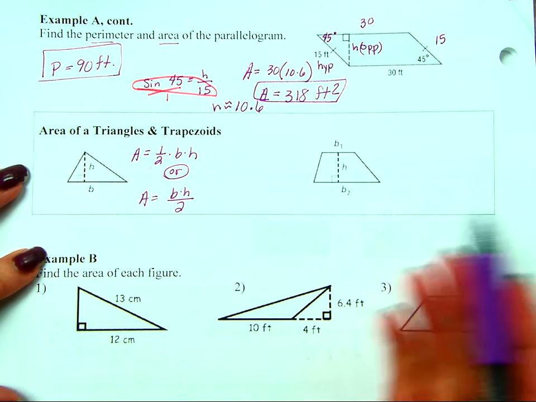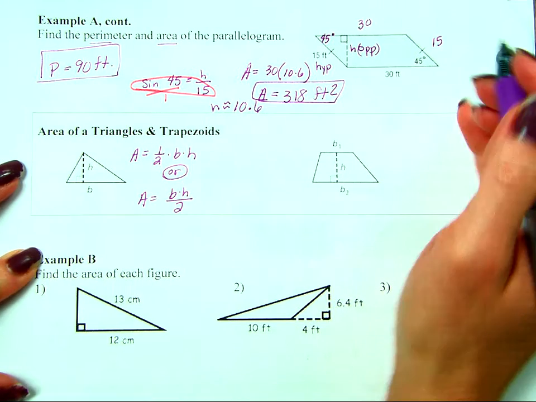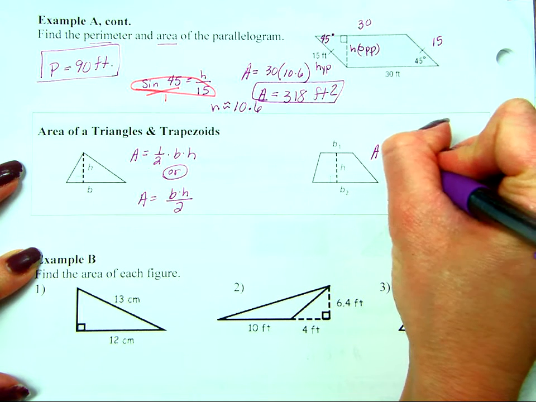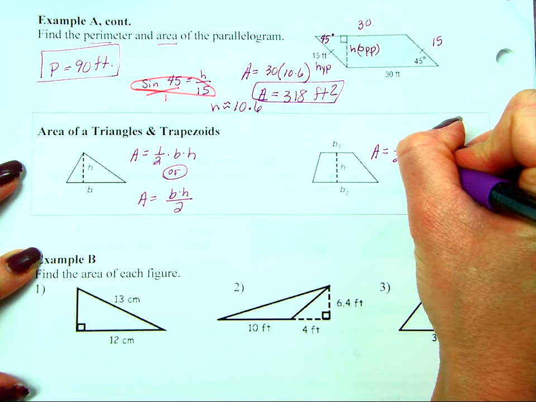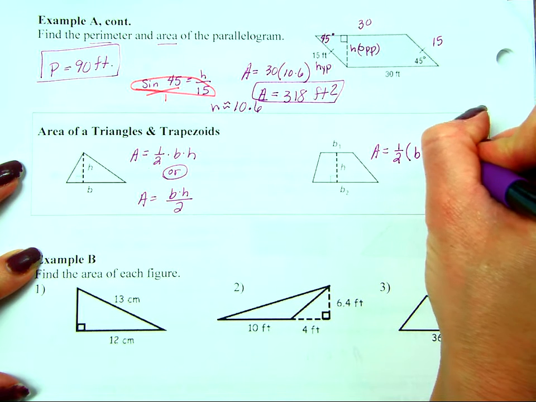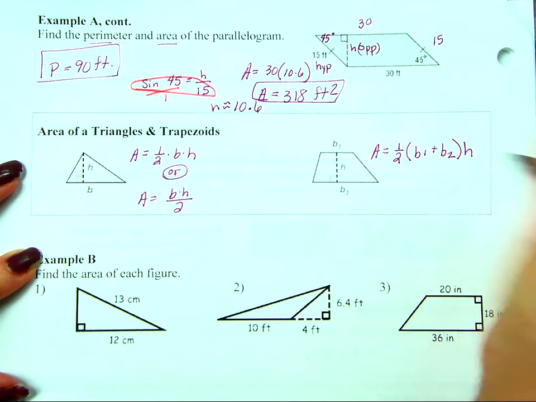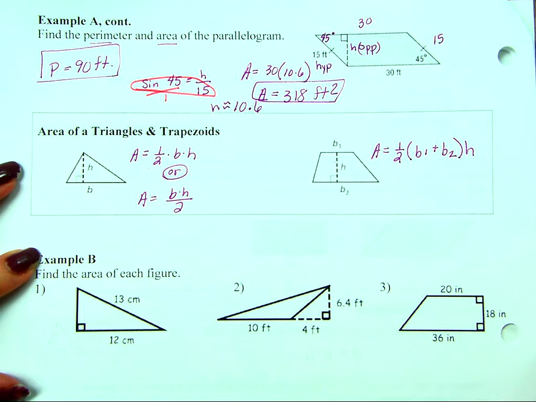What about our trapezoid? The trapezoid may not be one that you remember off the top of your head, but it looks like this: 1/2 times the quantity B1 plus B2 times height. What do B1 and B2 stand for? Well, that stands for the bases.